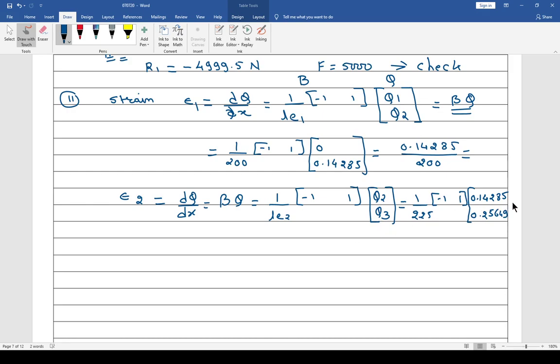So I can solve this value. This value is going to come as minus 0.14285 plus 0.25649 divided by 200.